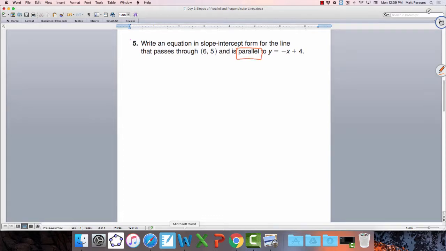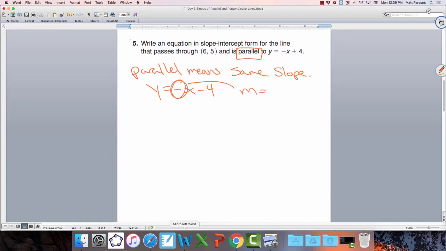So parallel means same slope. So what I'm going to do is take y equals negative x minus 4. In this, I'm going to isolate right here. So my m is negative 1.